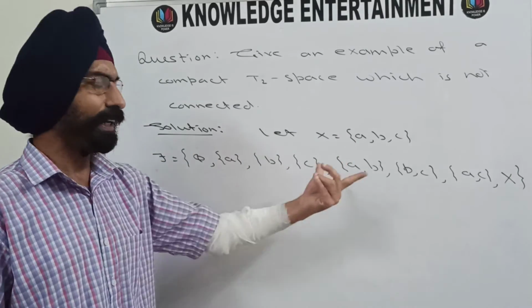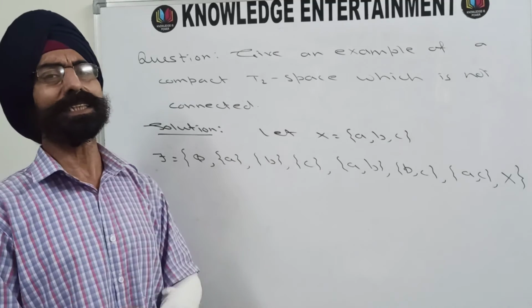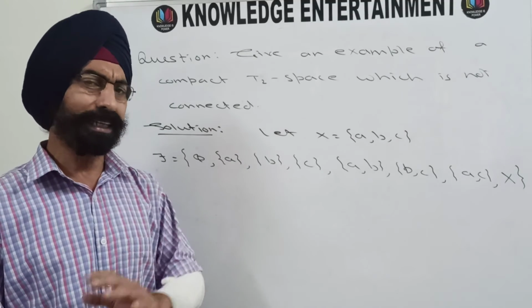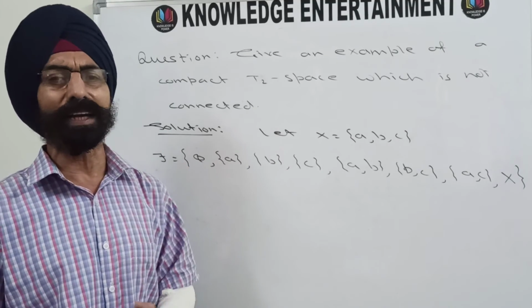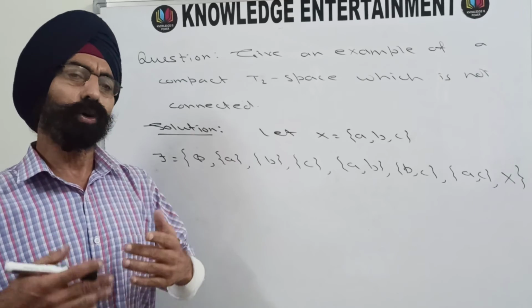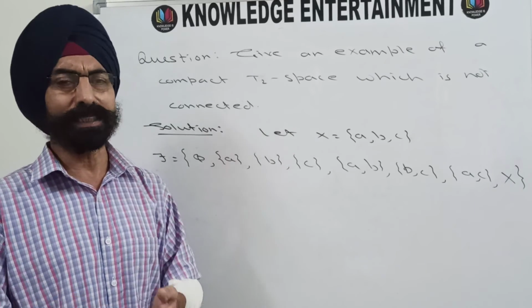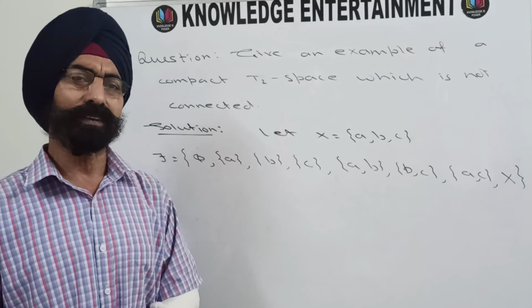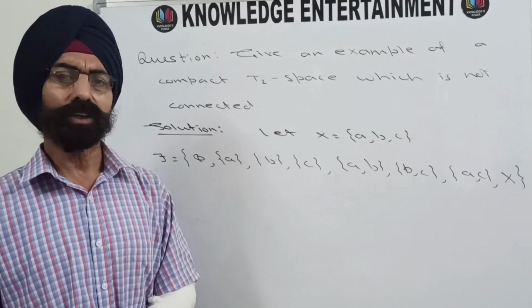The topology also contains a finite number of members. If your topology contains a finite number of members, that means every open cover itself will be finite. And if the open cover itself is finite, it is a finite subcover of itself. That means the space is compact.